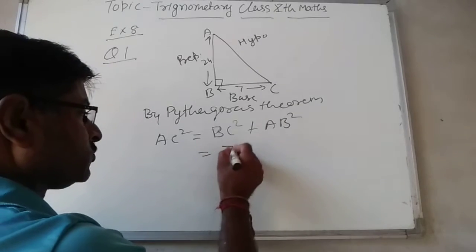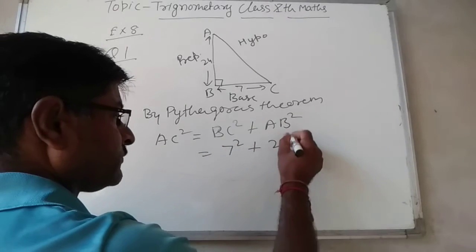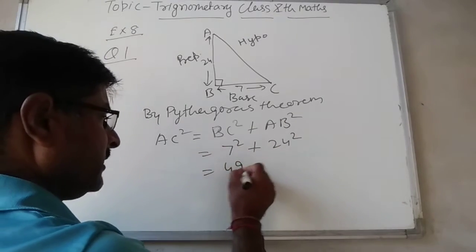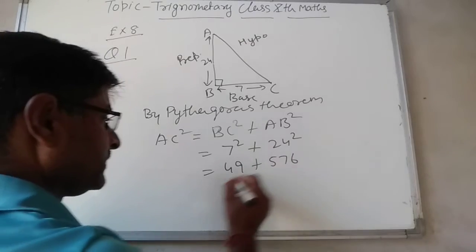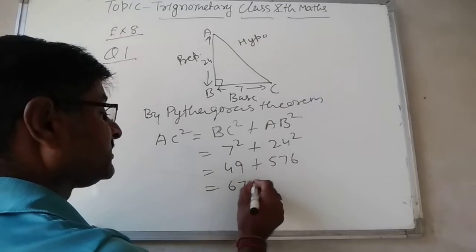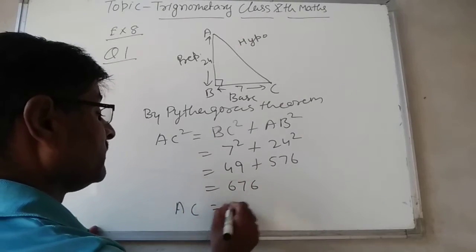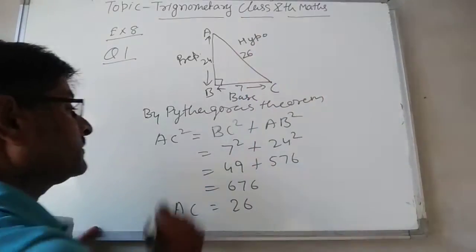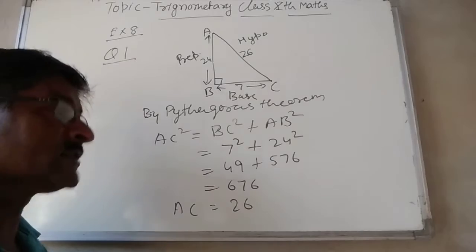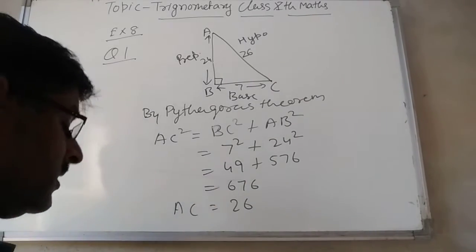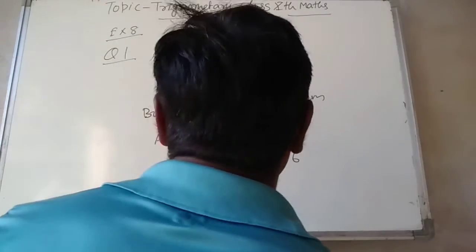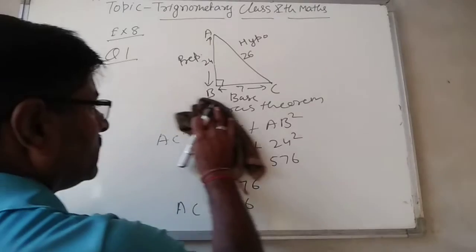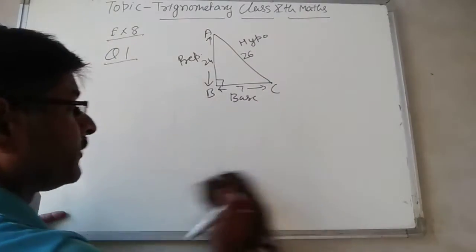So BC is 7, so this is 7 square plus 24 square, 49 plus 576, get 625. So AC becomes 25. So its hypo becomes 25 centimeter or meter, which is given in the question. Now he is asking to determine the ratios. So how to find the ratio?